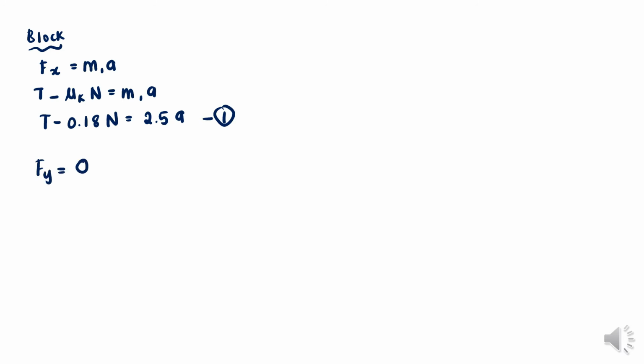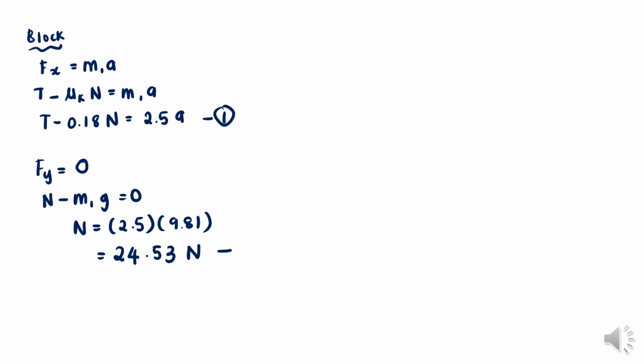For the block, Fx equals m1a. So we have tension minus friction equal to m1 times a, so tension minus 0.1 N equal to 2.5a, equation 1. For Fy we get the second equation: normal force equal to 24.53 Newton.